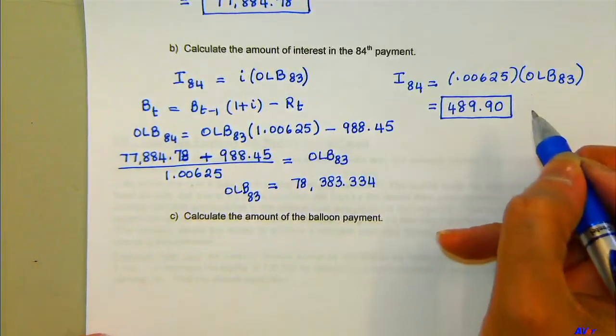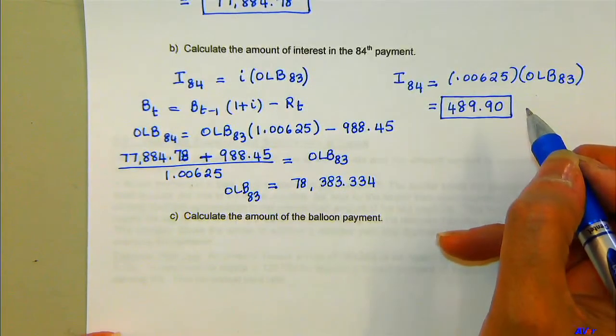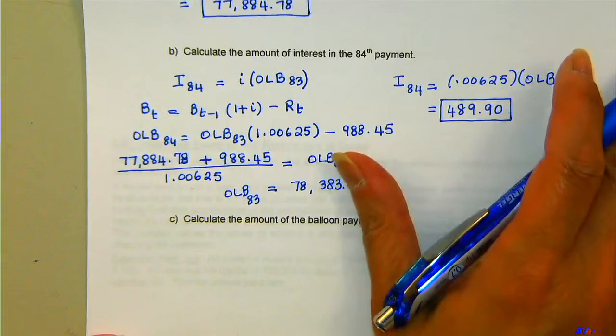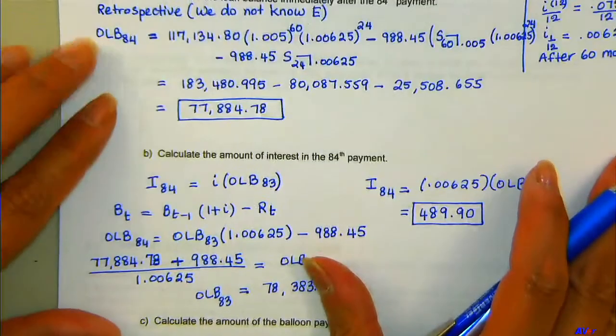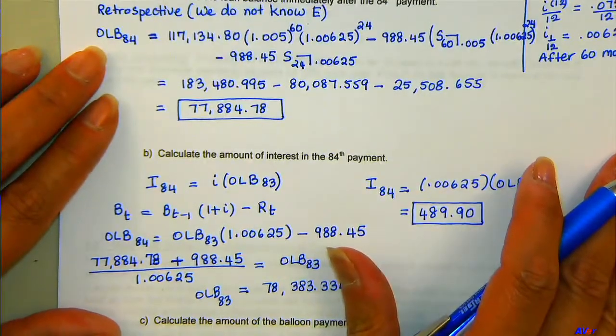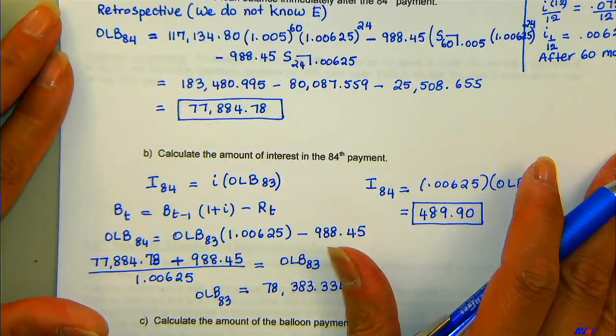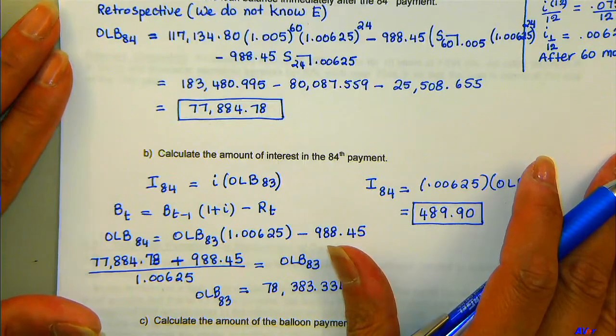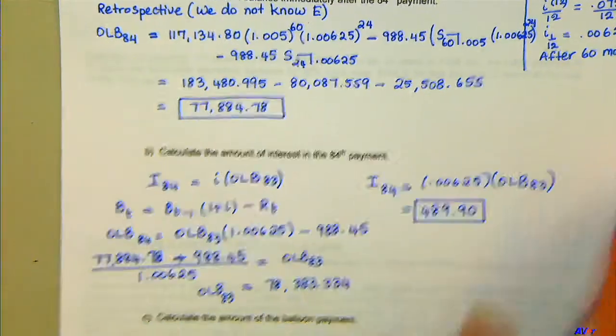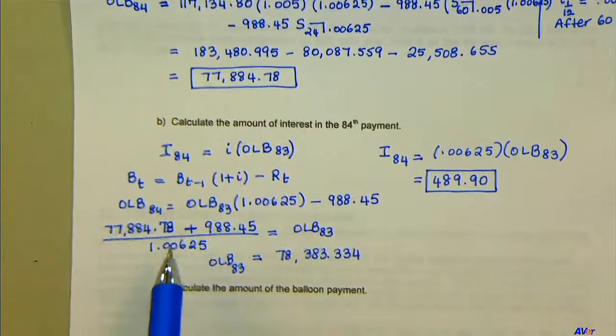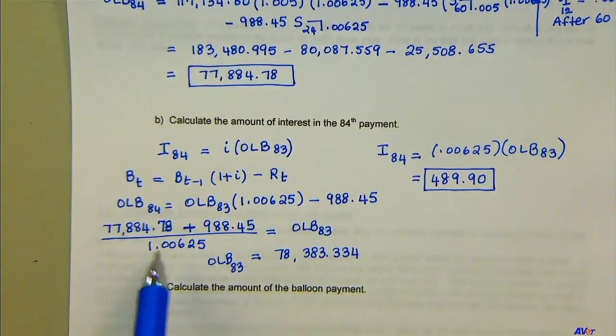This way I didn't get all hung up in doing OLB 83 the way I had to do OLB 84, by accumulating the loan and then subtracting the accumulated value of all the payments made. I could just use the recursive relationship, and it took like a minute to get OLB 83 from OLB 84. Follow me?